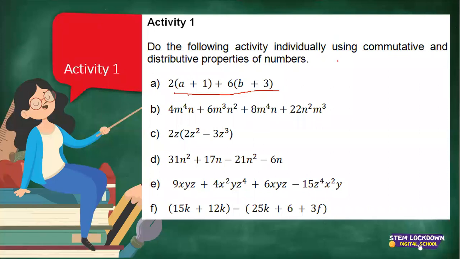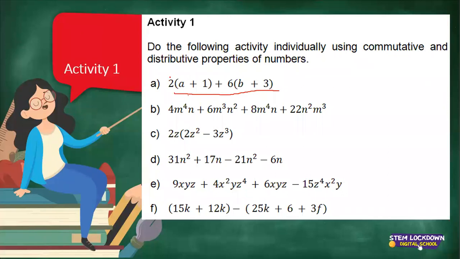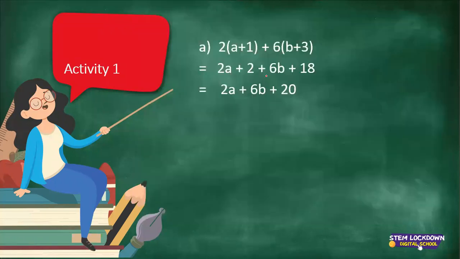So for the first one, the answer is 2A plus 6B plus 20. Well done, Caitlin. So what you did for this one, we said 2 times A, which is 2A, and then 2 times 10, which is 20, plus 6 times B. So this is what you got.